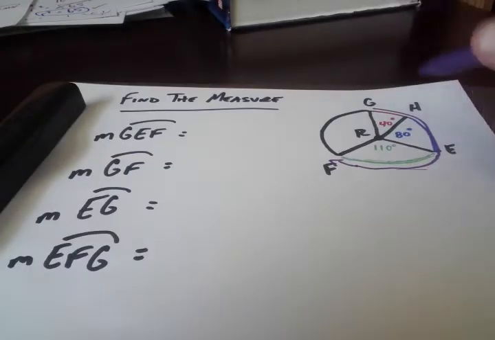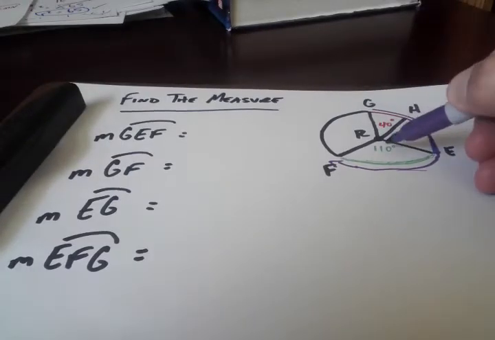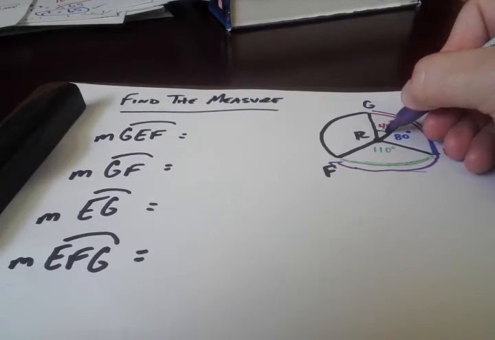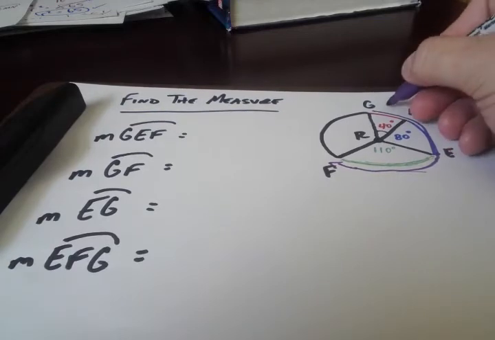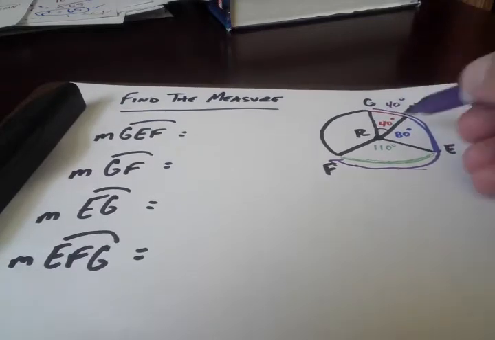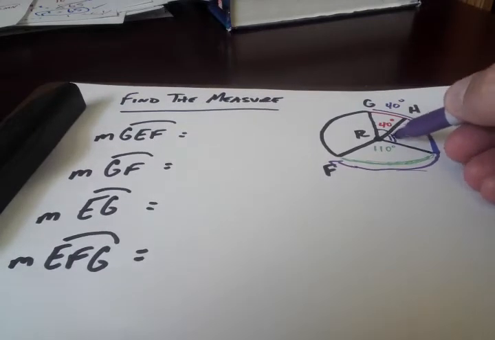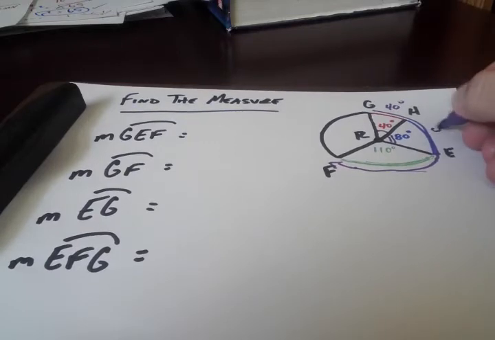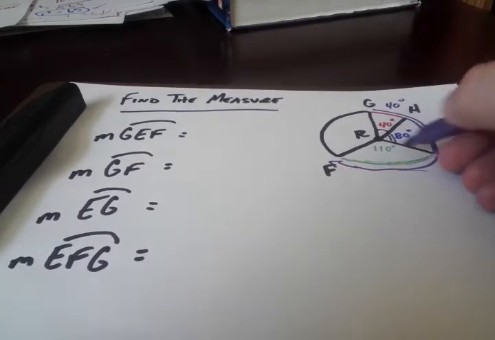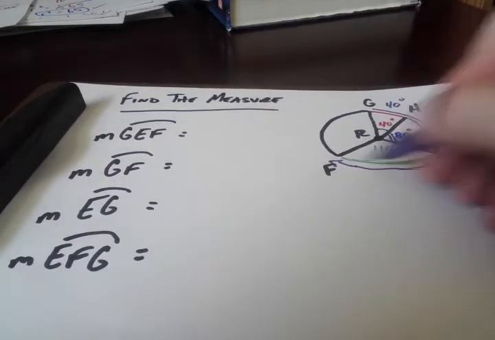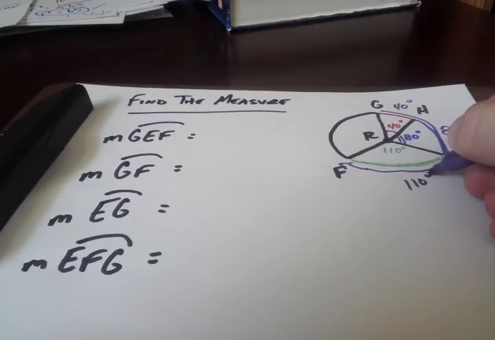Hopefully you guys have figured it out. This is 40, this is 80, this is 110. So if this angle is 40 degrees, GH should be 40 degrees. If this angle is 80, HE is 80, right? The arc is equal to the central angle. And if this is 110, FE is 110.